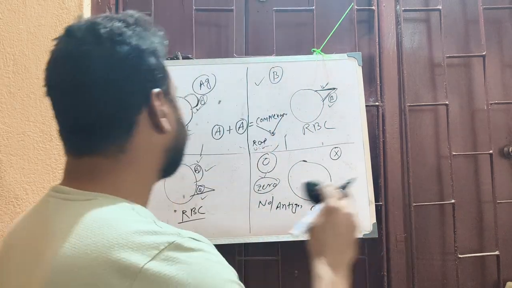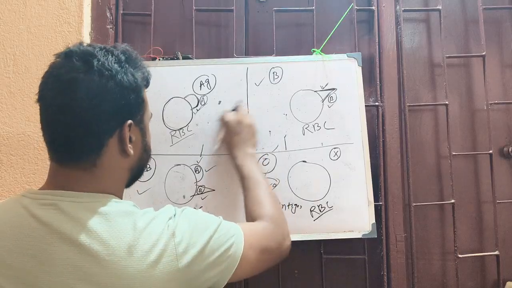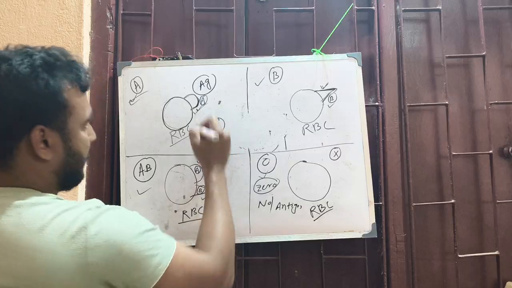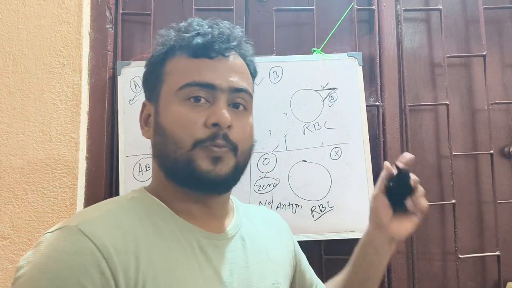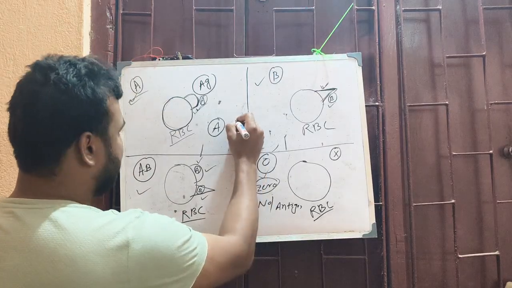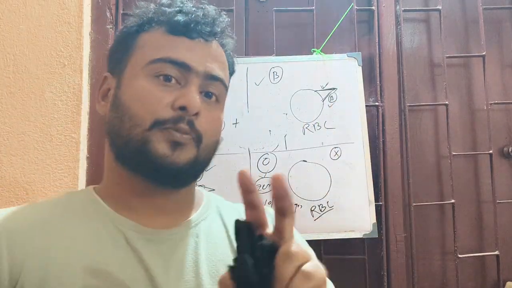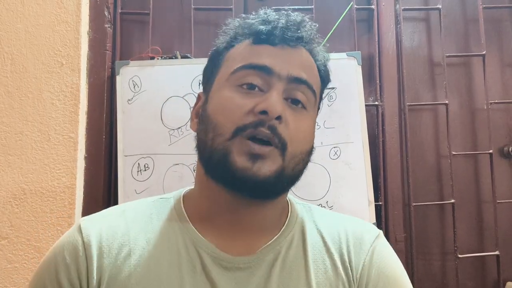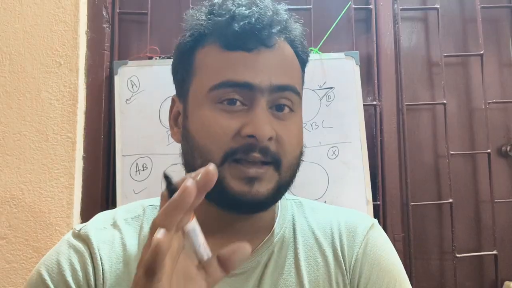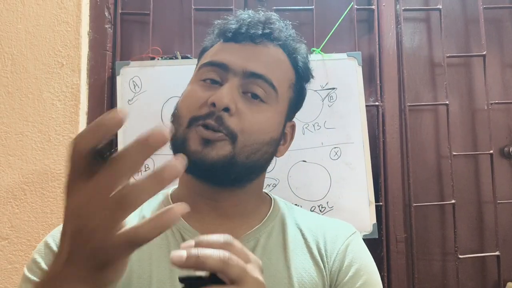So what is that mechanism? If you possess the A blood group, A antigen is there, and in the plasma there should not be a similar kind of A antibody, because if the similar antibody is present, agglutination will occur.